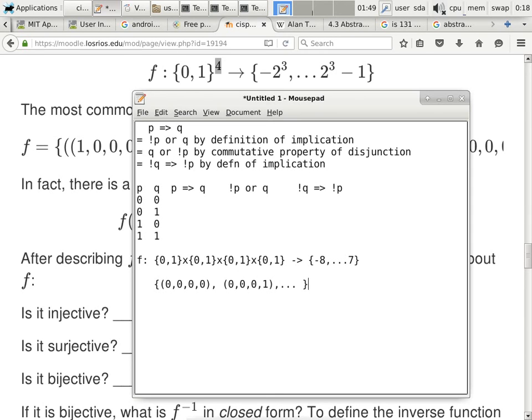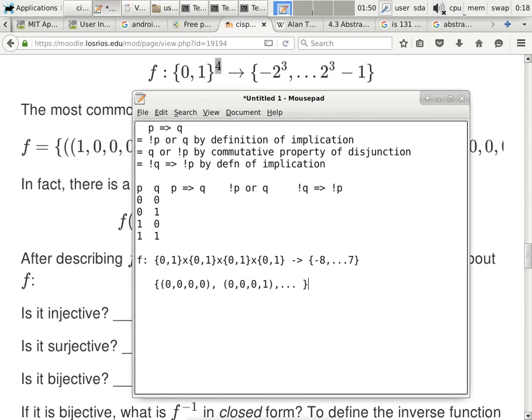But there's no such thing as ordering of elements inside a set. So I just chose this rather natural way of enumerating the elements. But remember, there's no actual order in the set. Are we okay so far with what is in the domain? The codomain is just the values -8, -7, -6, all the way to +7. And there's a function to do this, to map it one to one.